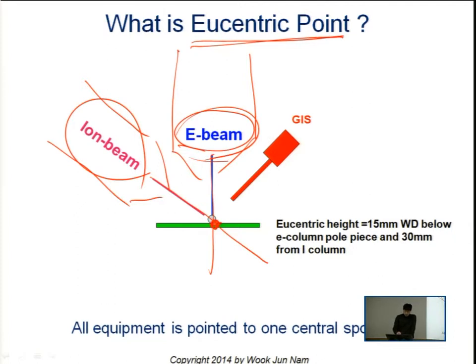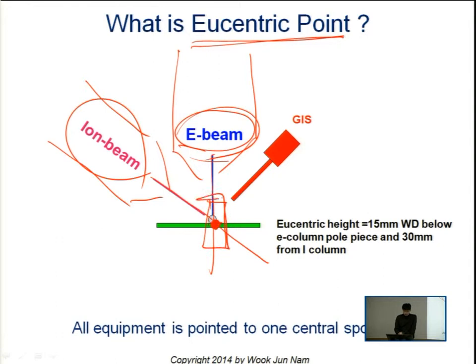This eucentric point is already fixed, but as you load your samples, it depends on the height. If you focus using the electron beam, you can make the focus at every Z position.